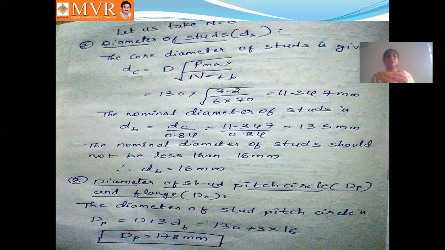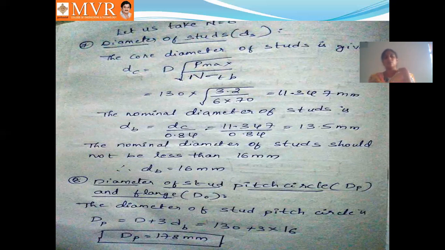Okay, DC is equal to D root of P max by N sigma TB. D is 130 mm, maximum pressure is 3.2, N is 6, sigma TB is 70. It comes to 11.34. Next, the nominal diameter of studs dB is equal to dC by 0.84.